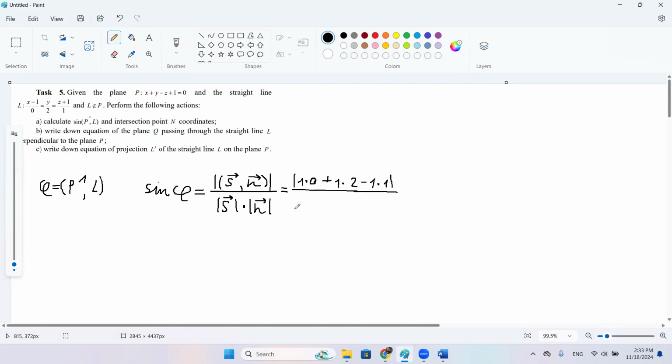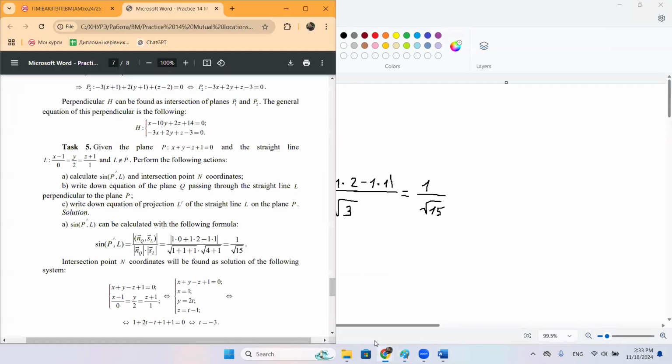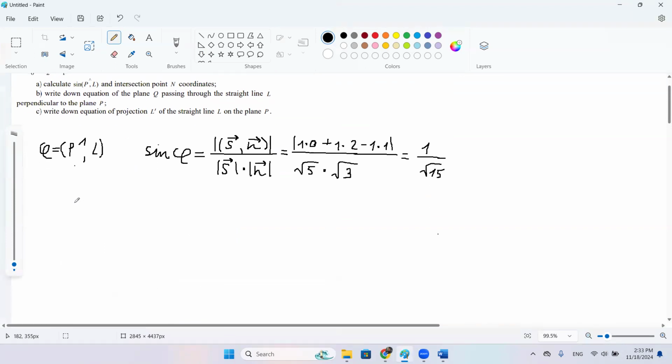And here, square root of 5 by square root of 3. So 2 minus 1, so 1 by square root of 15. So we found the sine of the angle. Yeah, correct. And now we need to find the intersection point N.